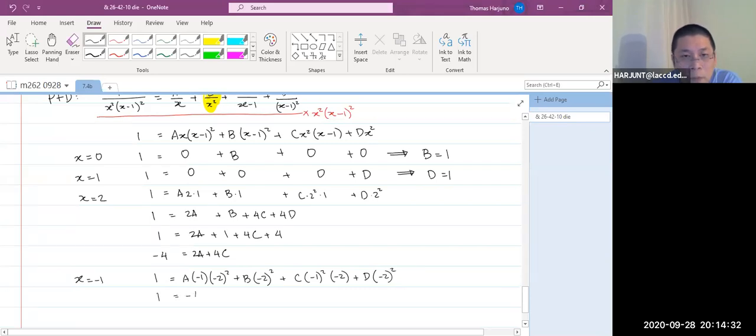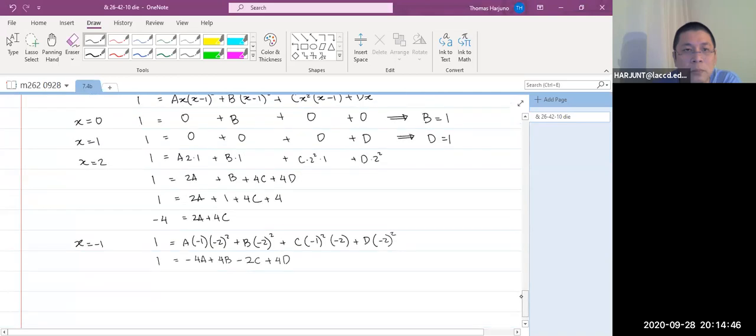Negative 4a plus 4b minus 2c plus 4d. My b is 1, my d also 1. So 4a plus 4 minus 2c plus 4, 7. That's -7 equals to -4a minus c.